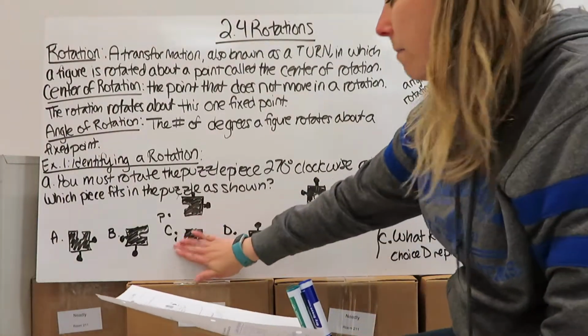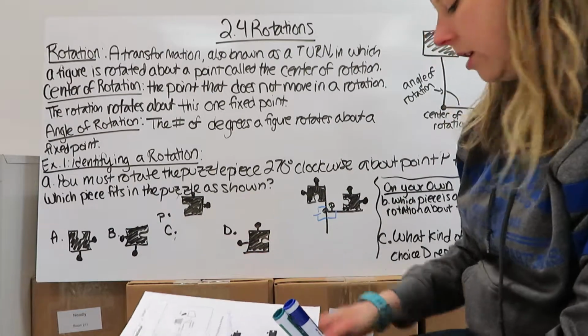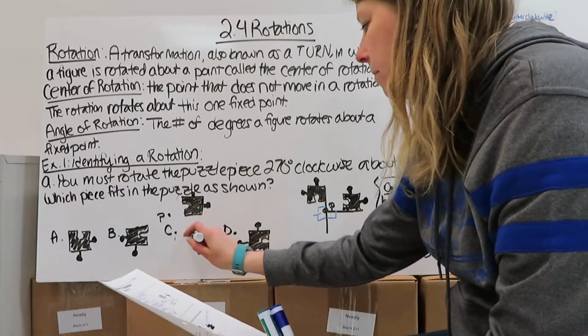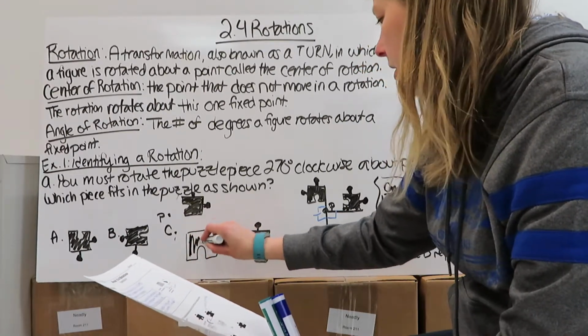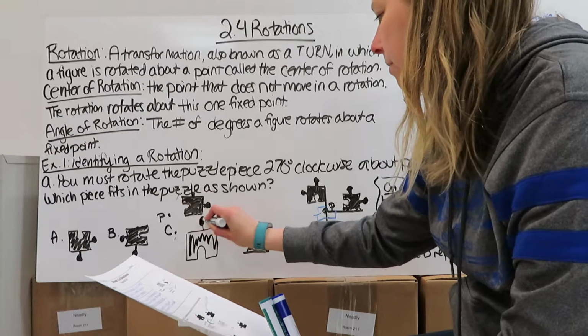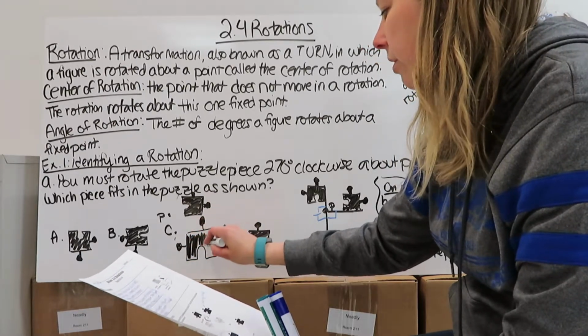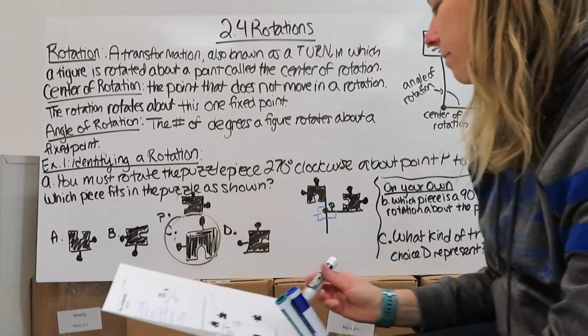I did draw it the best that I could, because if you look, none of these 3 remaining ones would match. However, this last shape does match. My apologies for the crude drawing, but there we go. So it's going to be letter C.